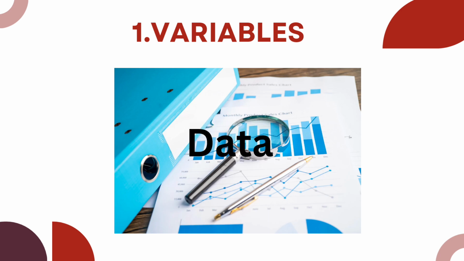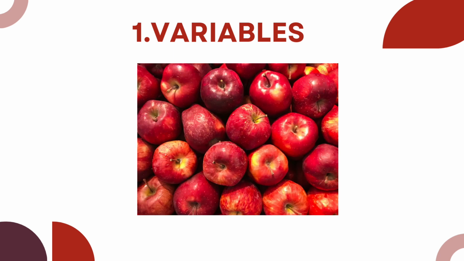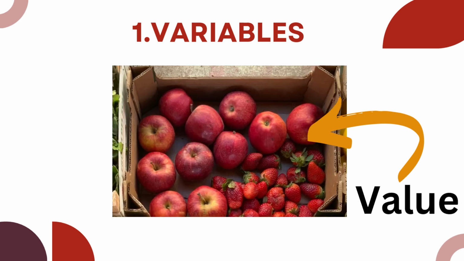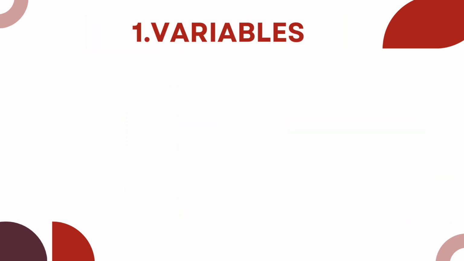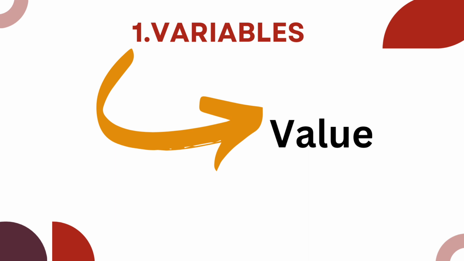For example, if you have a number of apples, you put them in one pot. You can consider the apple as a value, and the pot as a variable. The variable will differ based on that value. For example, if you take water, the pot will be different, right?